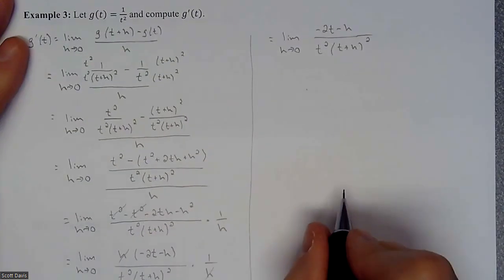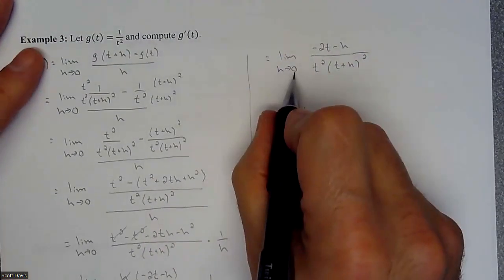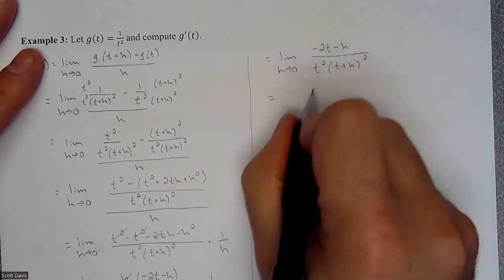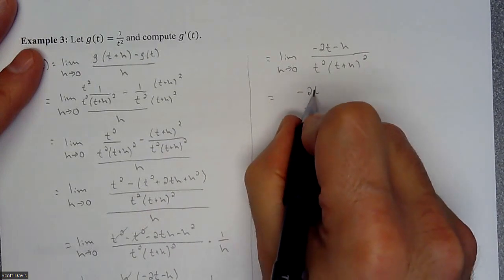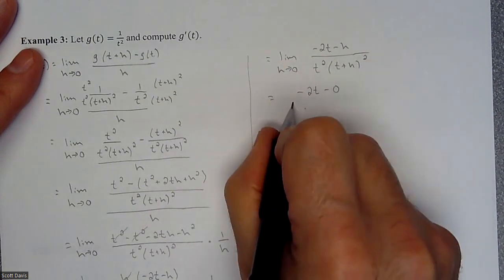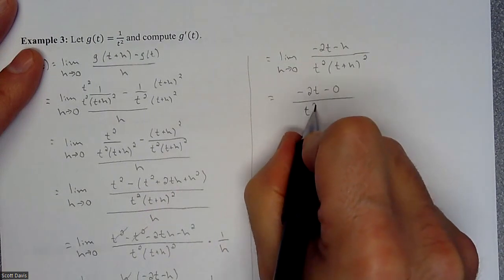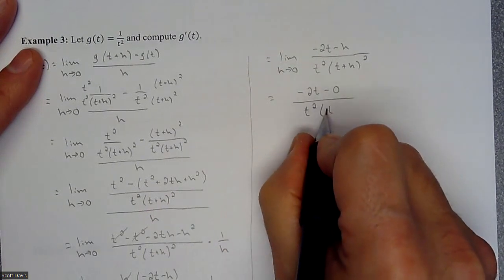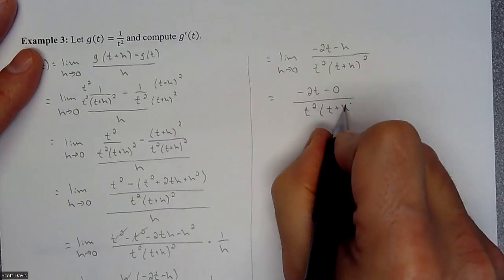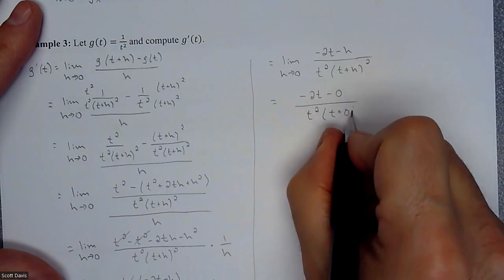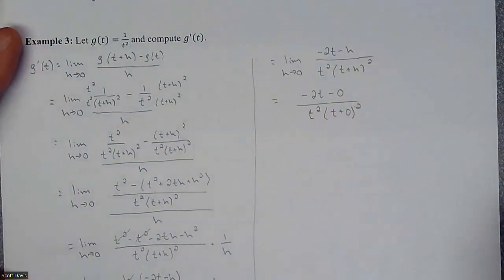All right, so now ready to plug in 0. So we have a negative 2t minus 0 over t squared times t plus 0 squared.